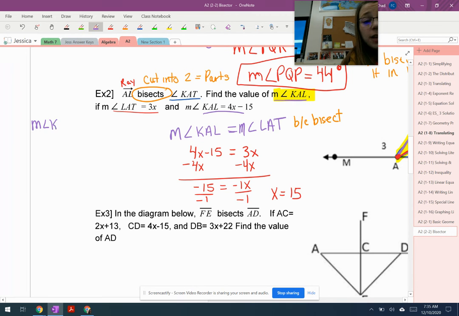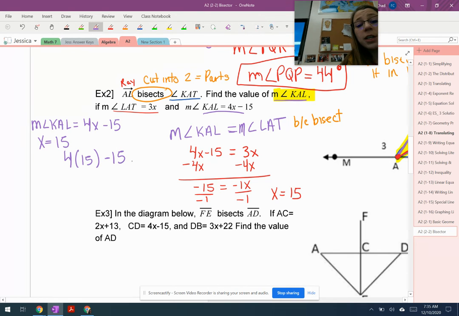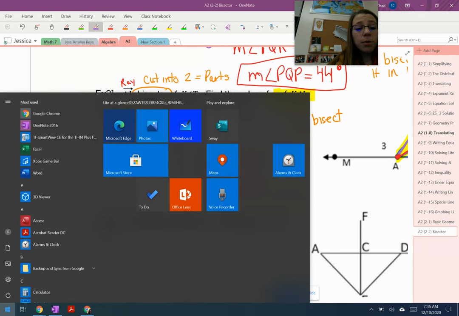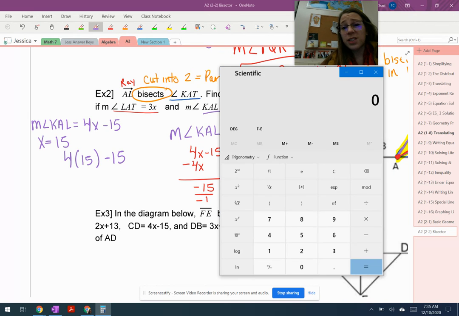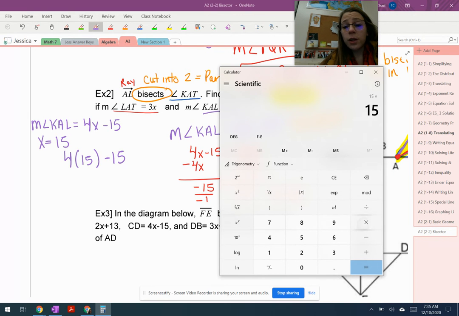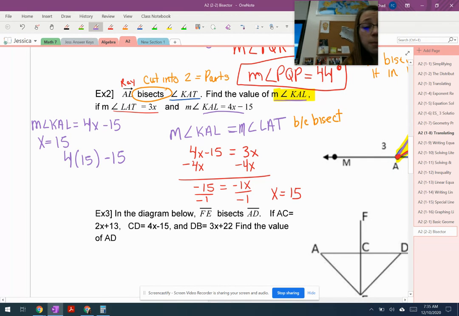So the measure of angle KAL is equal to 4x minus 15, and I now know that x is equal to 15. So 4 times 15 minus 15, and this is where you can jump to your calculator. 4 times 15, I'm pretty sure is going to give us 60, but I'll double check because why not?